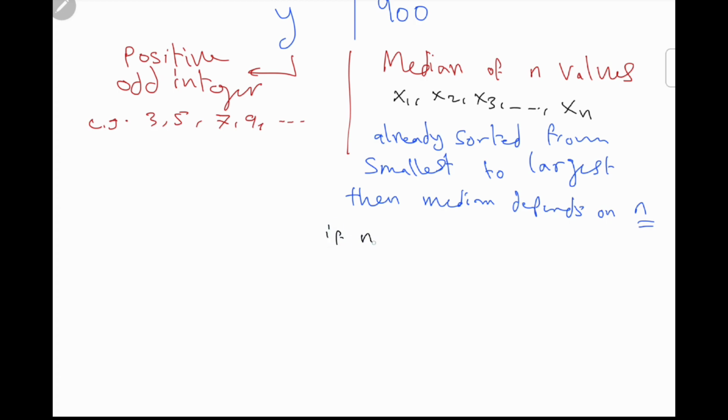If n is odd, for example x1, x2, x3, x4, x5, then the median is the middle value.